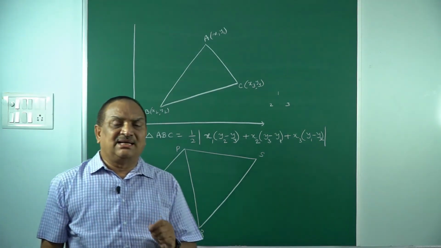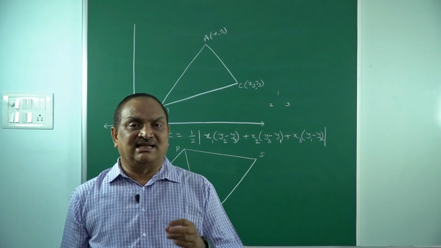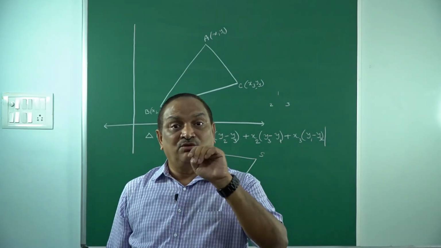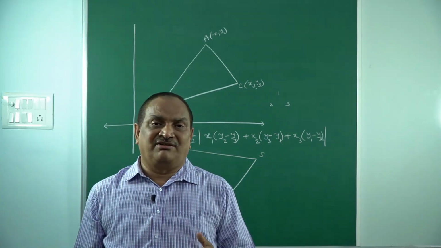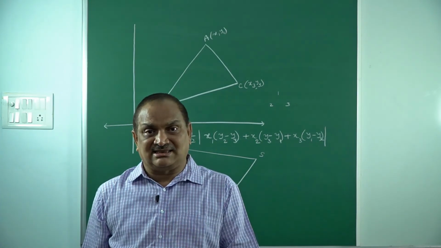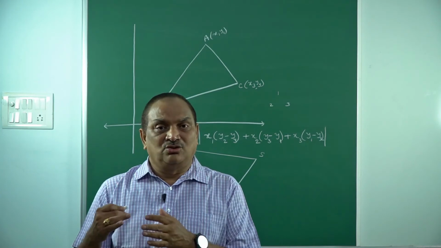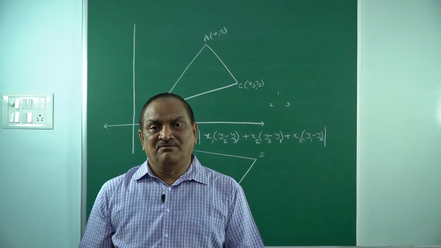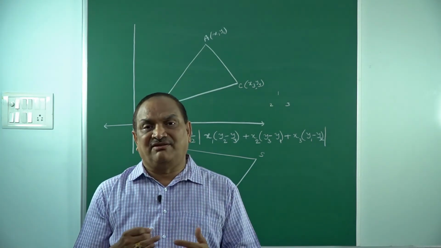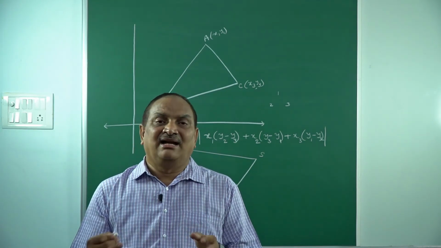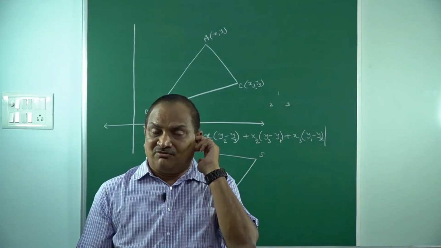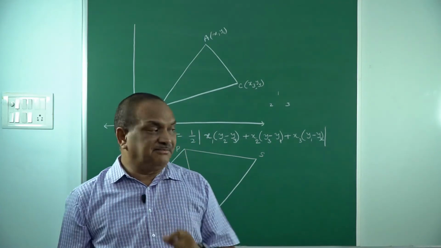So you don't need a separate formula for that with the vertices x1, y1, x2, y2, x3, y3 and x4, y4. Not necessary to have a different formula. For the time being in this class, what is usually done is that you divide the given quadrilateral into two triangles by drawing a diagonal, and as you get two triangles, you can find the area of each of them separately, and you can add them. This is one problem which we need to consider seriously.